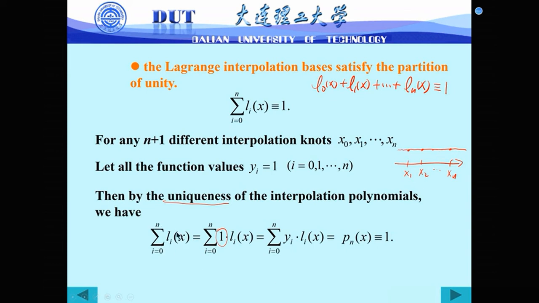So the summation of Li is the constant 1. This is the partition of unity of the Lagrange interpolation basis. This property makes Lagrange interpolation very useful in geometric design. But that is another topic.